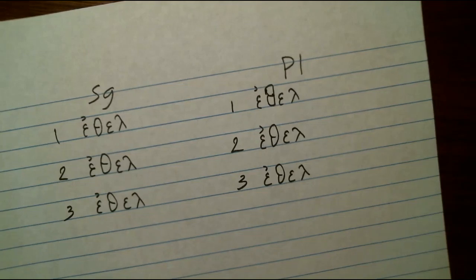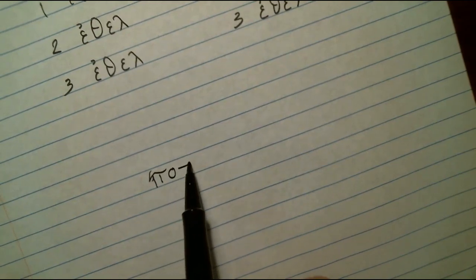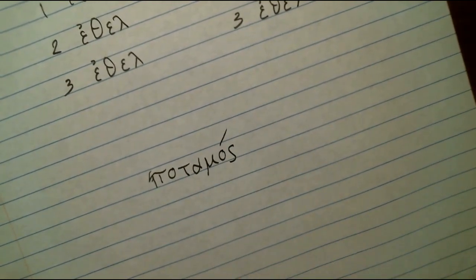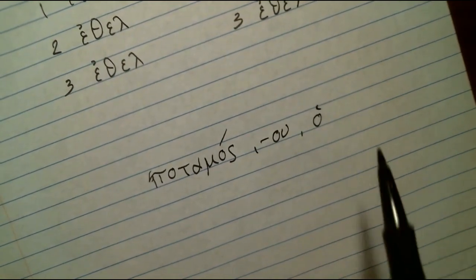Okay, so if you remember nouns, a noun's accent can be anywhere on the word, including on the very last syllable, including on the ultima syllable, right? Potamos is a good example of this. And then in the lexicon, it's going to look like this, right?